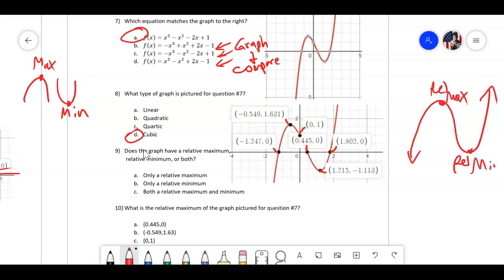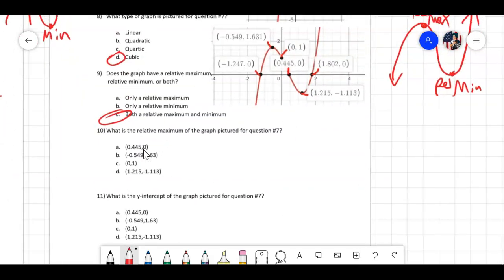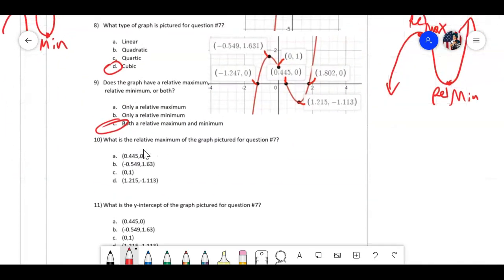Remember, we say relative because it actually goes lower than that or higher than that at different points on the same graph. But you can see it has both, so that would be both, relative max and min. Okay. Now, what is the relative max? So I look at the highest point here, and I see my answer is B.